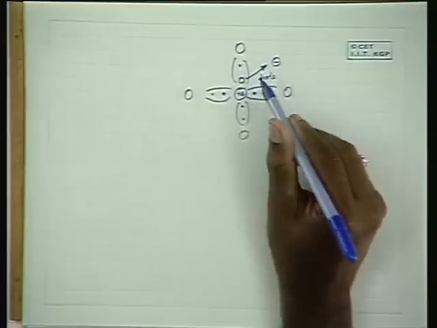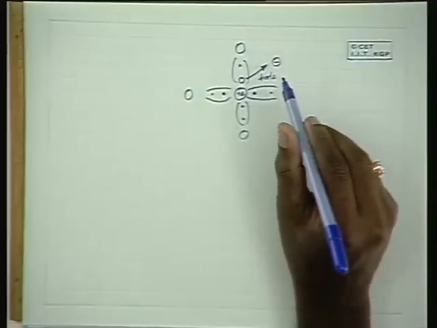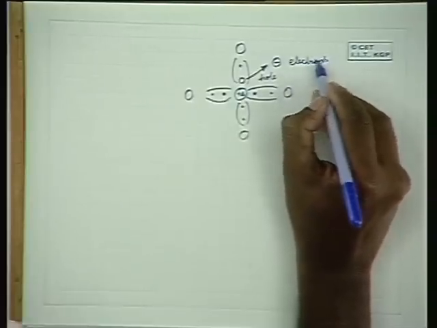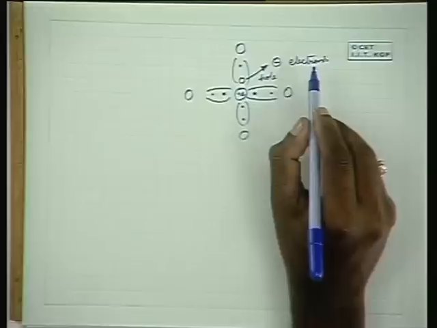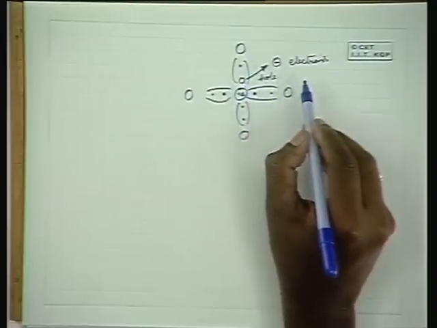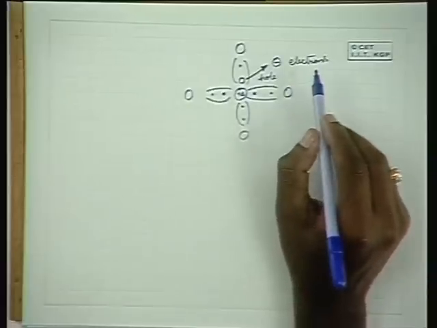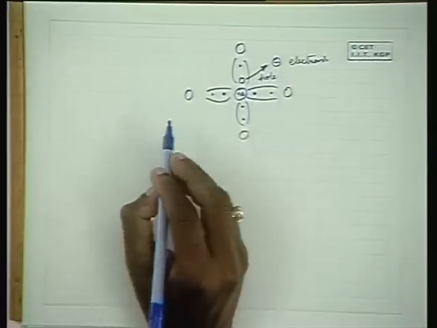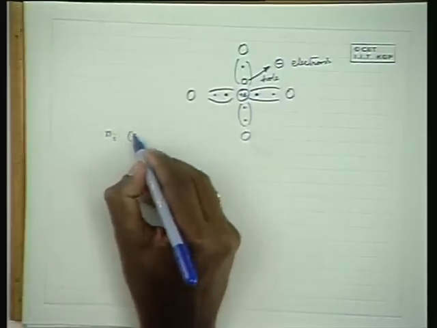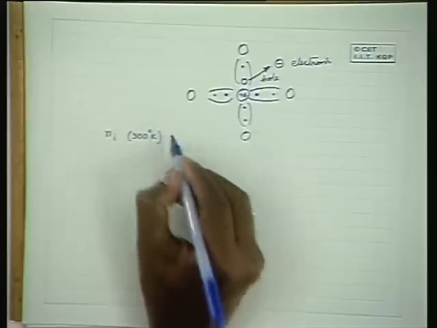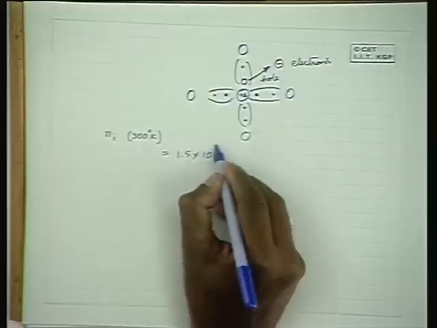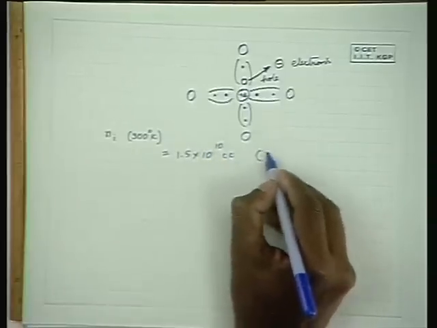So when thermal energy is imparted, the electrons are dislodged. That means a free electron is formed, and simultaneously, a hole is also formed. Now, what is the concentration? As I explained in the last class, the concentration at 300 degrees Kelvin is 1.5 x 10^10 per cc in the case of silicon.